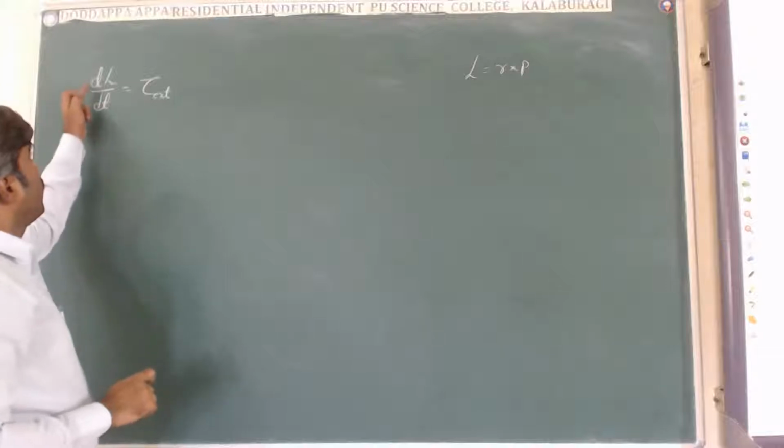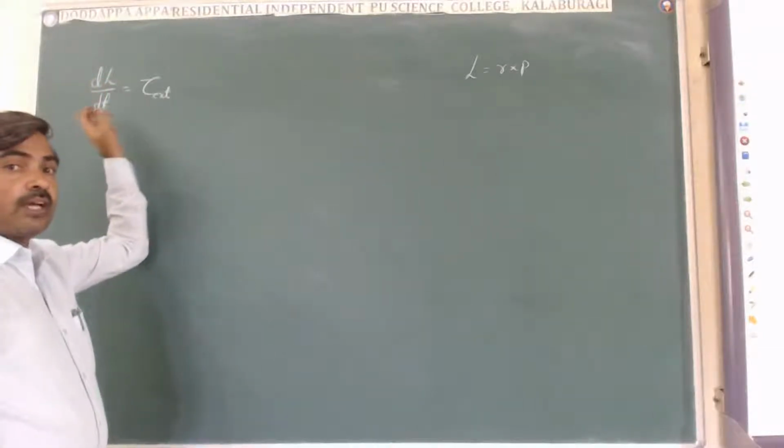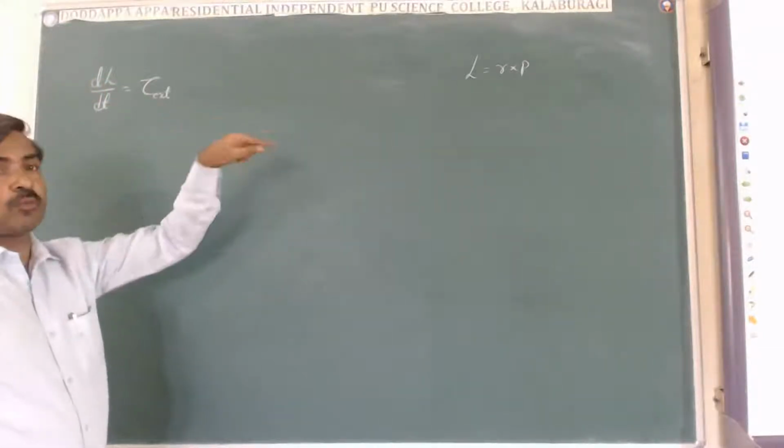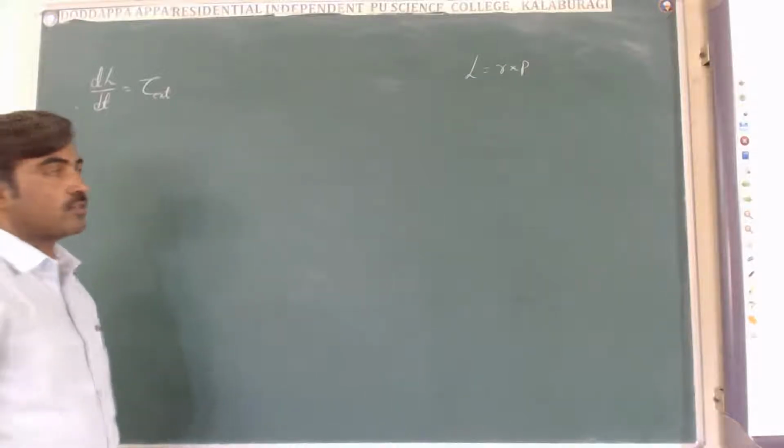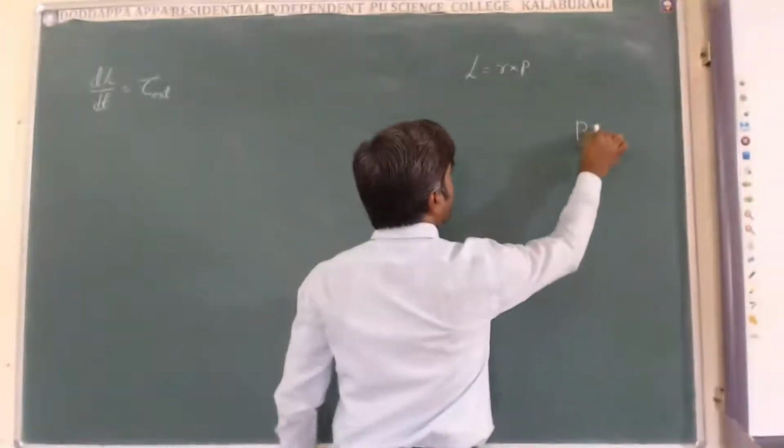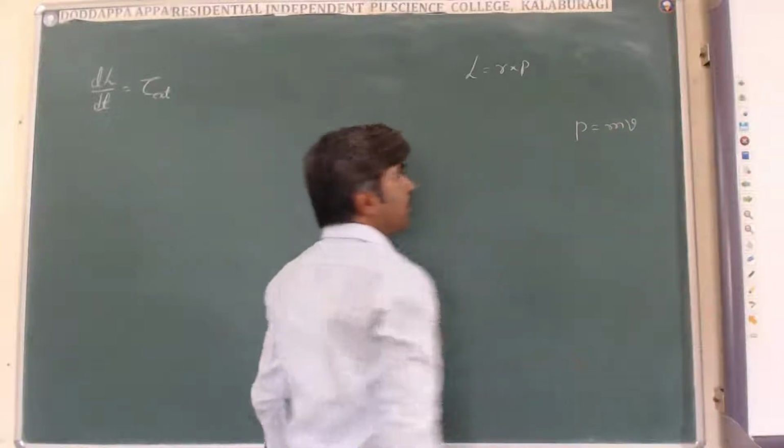As we have discussed previously, linear momentum p is equal to mass into velocity. This is for any object which is moving along a straight line, linear motion. But if it is a rotational motion, there exists angular momentum. Hence the rate of change of angular momentum is equal to torque.